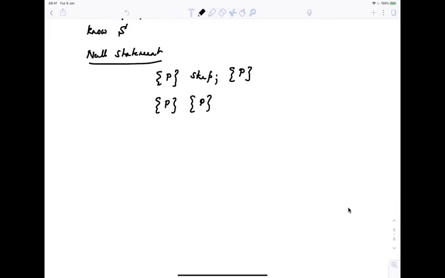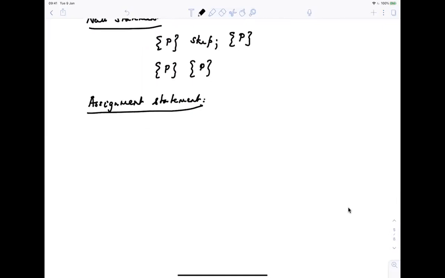Now let's look at an assignment statement. How does a simple assignment statement look? It is like a variable which is assigned an expression on the right hand side.